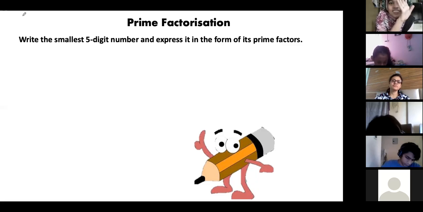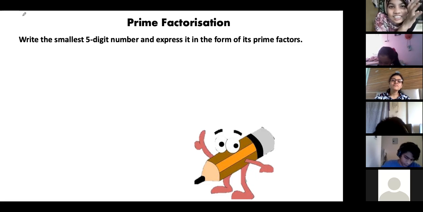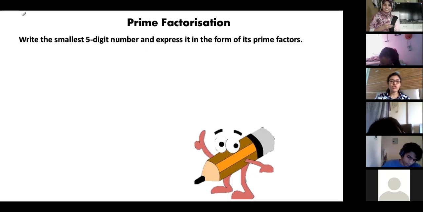I saw girls eating ice cream. Zainab eating ice cream. Then solve it. Find out the prime factors, prime factorization of 10,000.